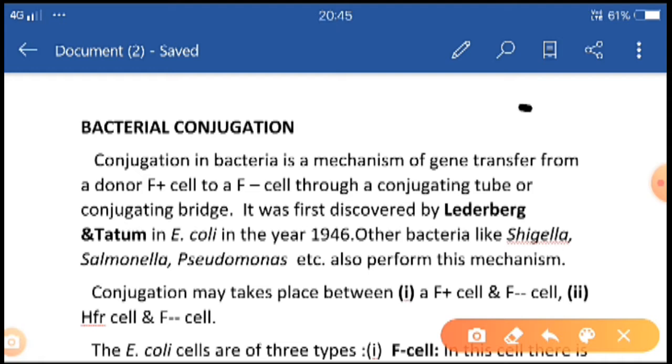Suppose this is a bacterium with its double-stranded circular DNA, the genophore.